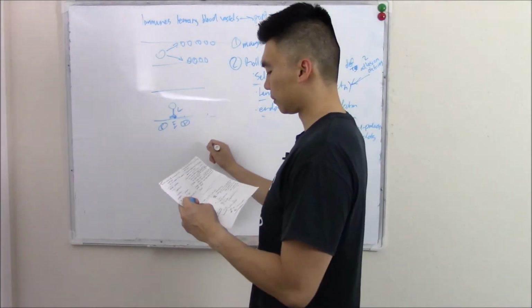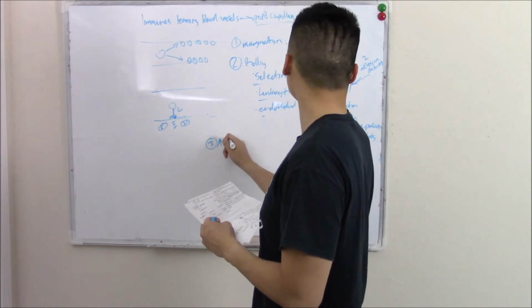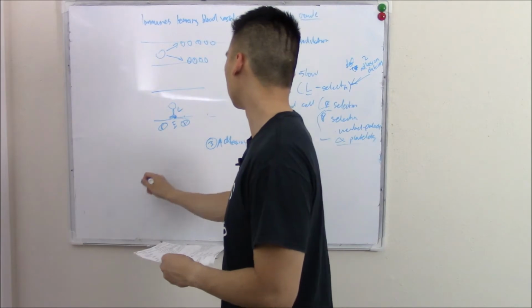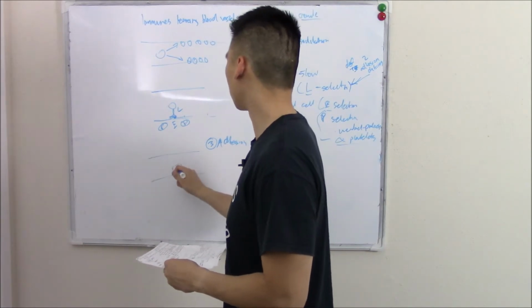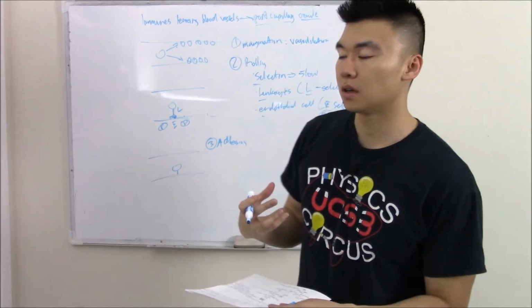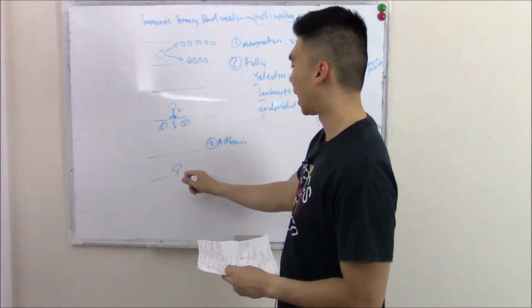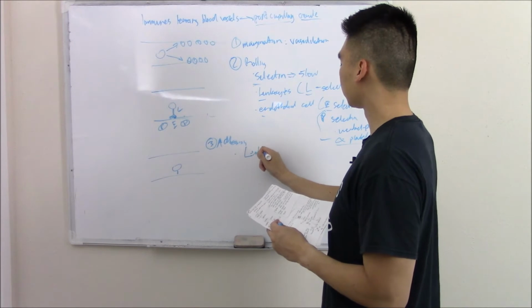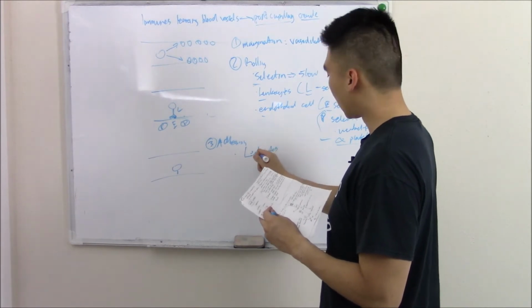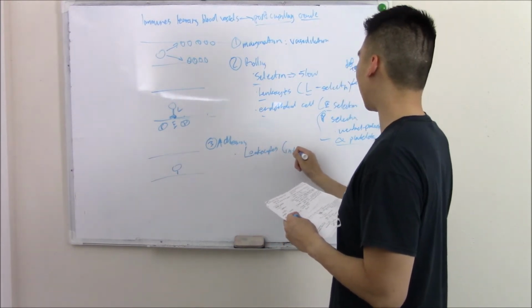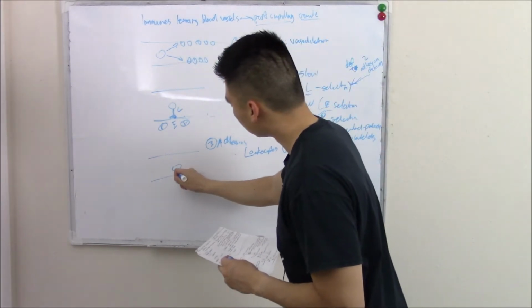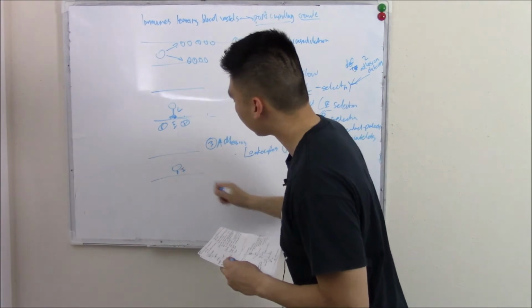Step 3 is going to be adhesion. Now that you slowed down enough, you want to fully adhere and come to a complete stop. And the way you come to a complete stop is you have to bind something very, very tightly. So here your leukocytes have something called integrin. So this would be an I for integrin.